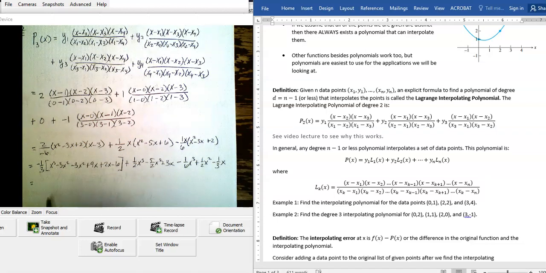Do one more simplification, I guess. So let's say we'll have negative 1/3 x to the third. Now here we'll have negative 6 x squared times negative 1/3 gives us 2 x squared. Here we'll have 11 x's, so that would be negative 11/3 x. And then positive 2, plus the rest.